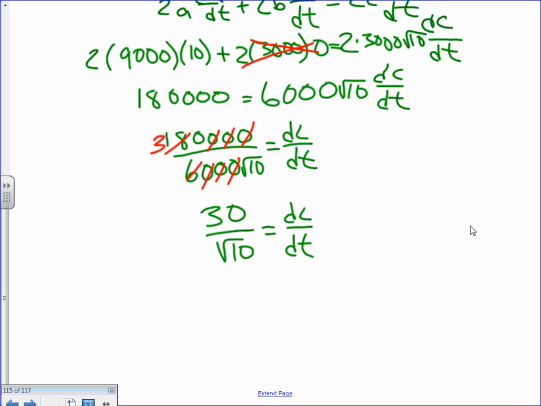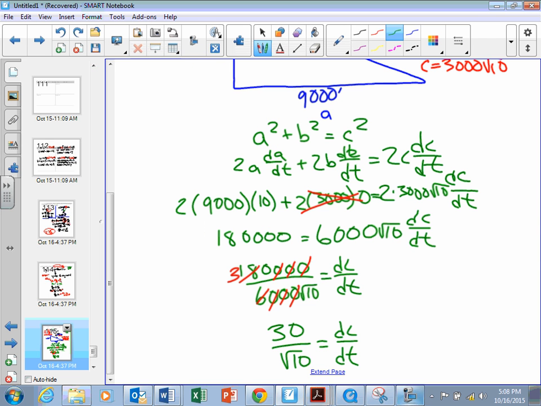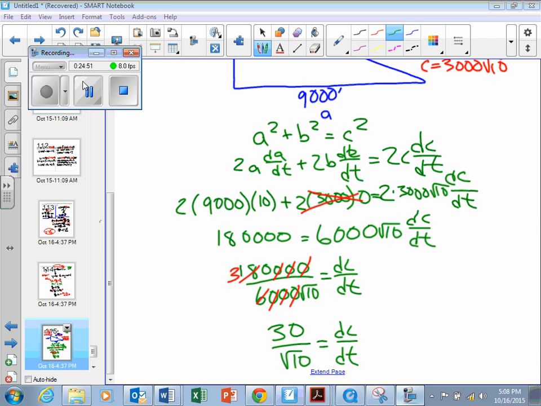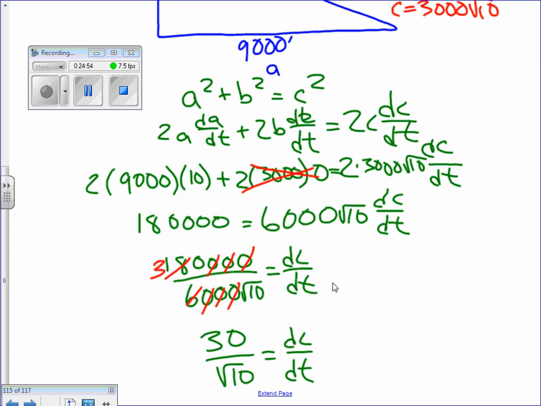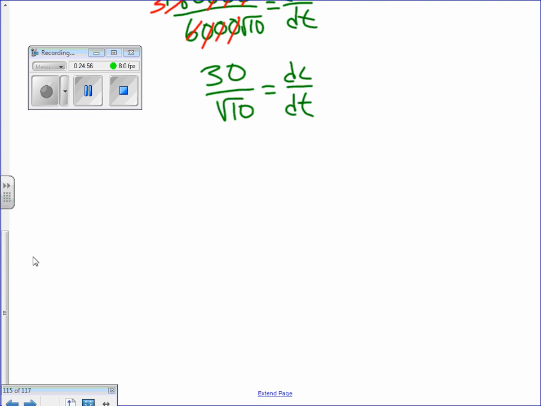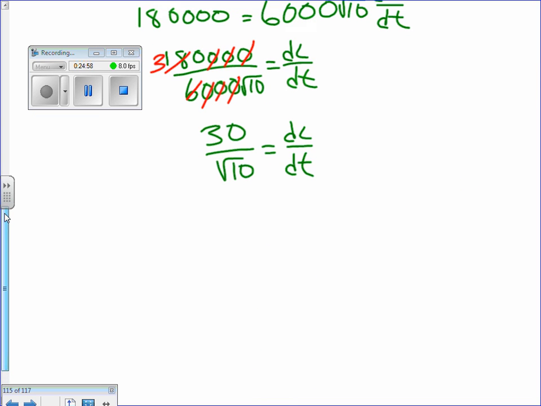Now, what did I have on the answer? Let me pause it real quick and check. Okay, yep, this is going to work out. We're good to go. Let's finish it off. 30 over square root of 10. You may have learned in Algebra 2 that back in the olden days, we hated having square roots in the denominator, so we would multiply by the square root on the top and the bottom to get rid of it.